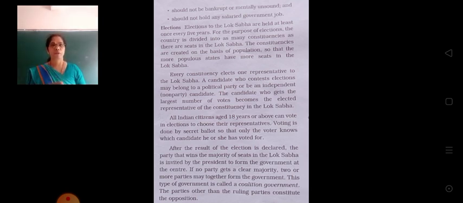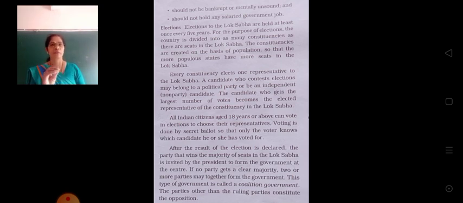And see how the elections are conducted. Elections to the Lok Sabha are held at least once every 5 years.